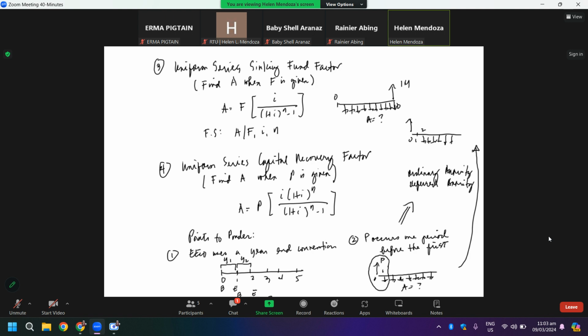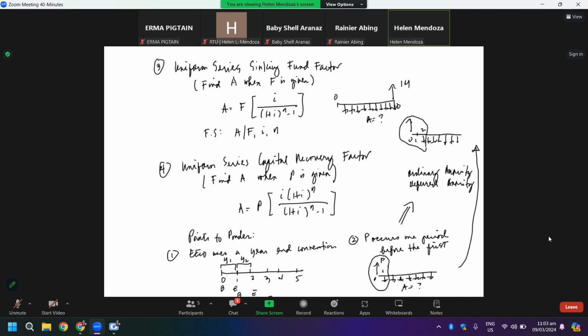Kung ganun po siya, time 2. Kung titignan nyo po, it would not adhere to the rule that P occurs one period before the first A, so much so that what you can do is to find the value at time 1, so that time 1 is one period away from the first A, which is at time 2.